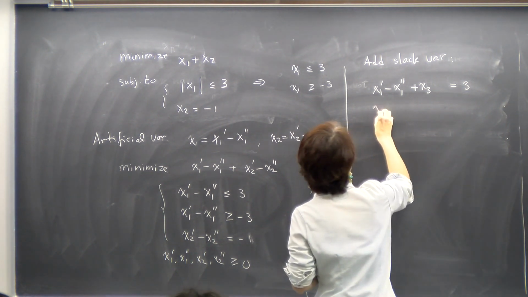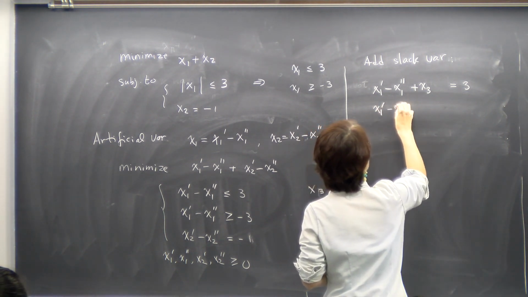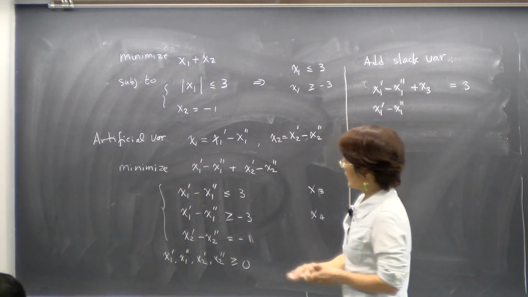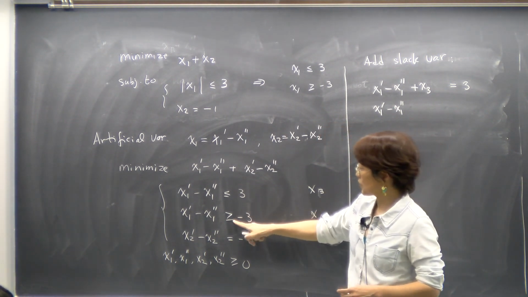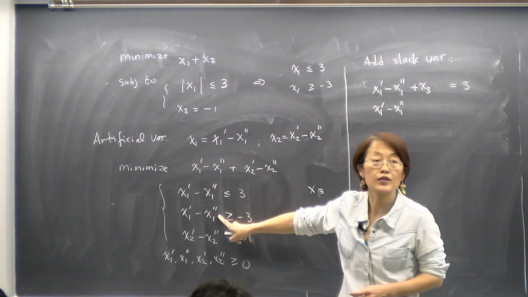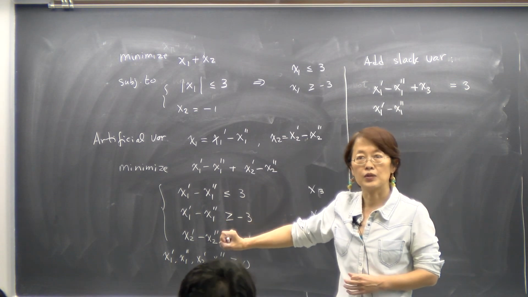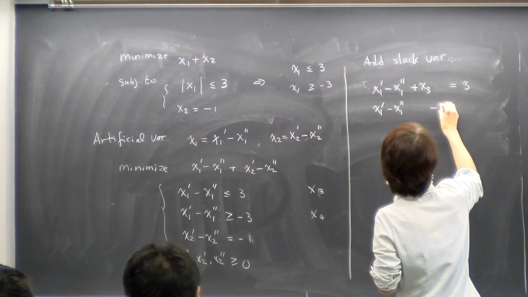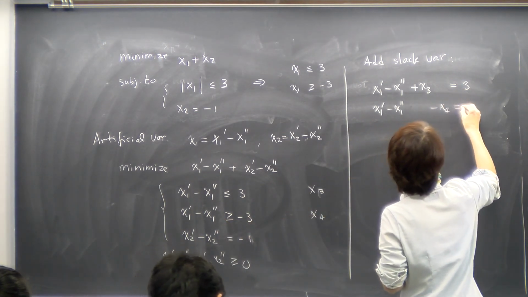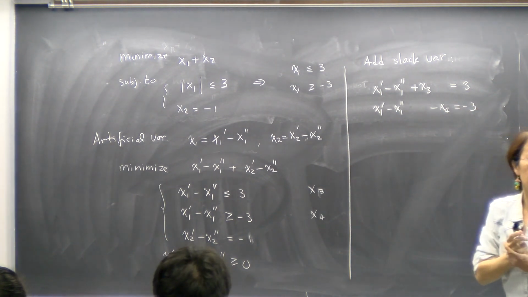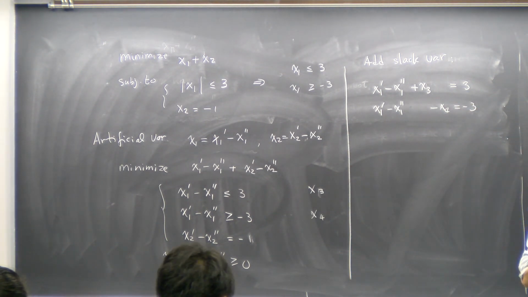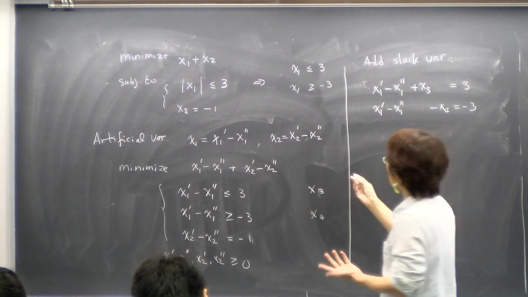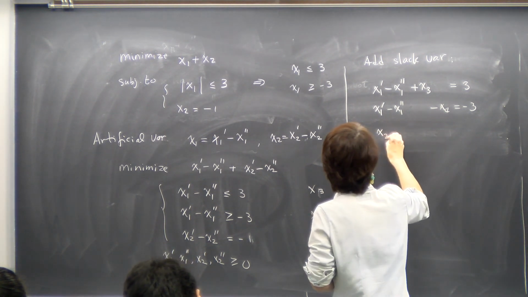And then the second one, x1 prime minus x1 double prime. Now it's bigger than or equal, so I need to take away something on the left to make it equal, right? So you'll be minus x4. That will be -3. Is that okay? And the last one is unchanged because it's already an equal sign.